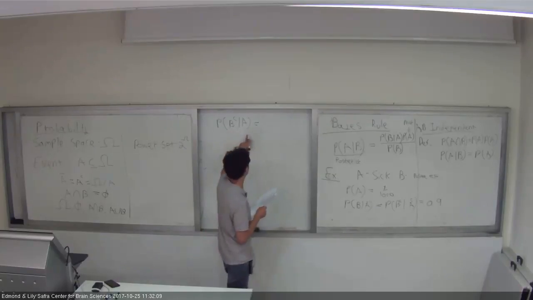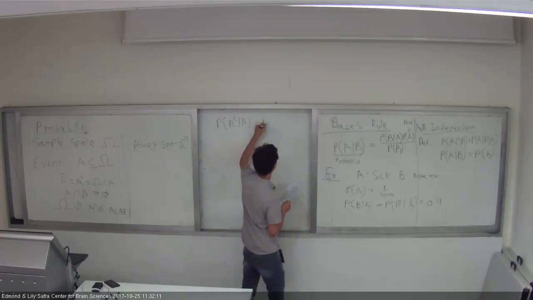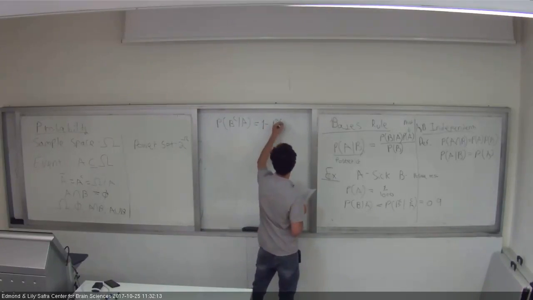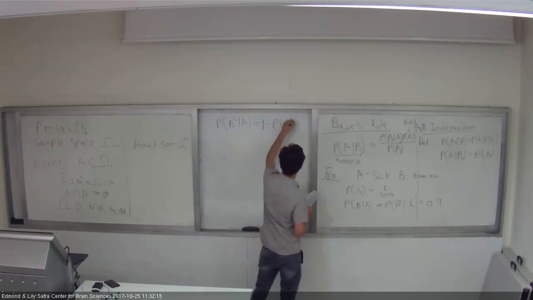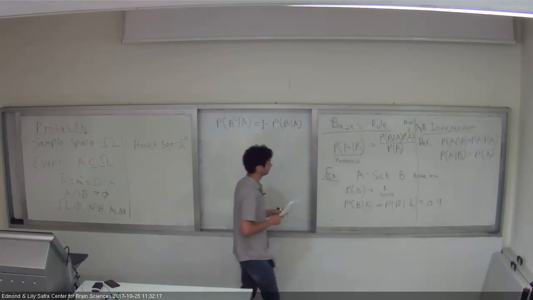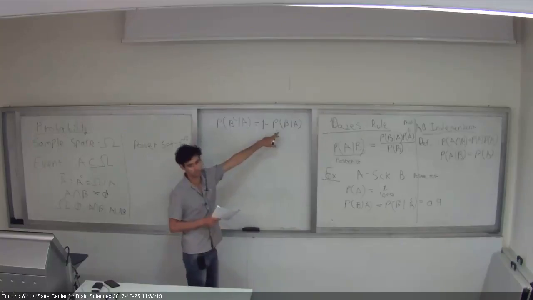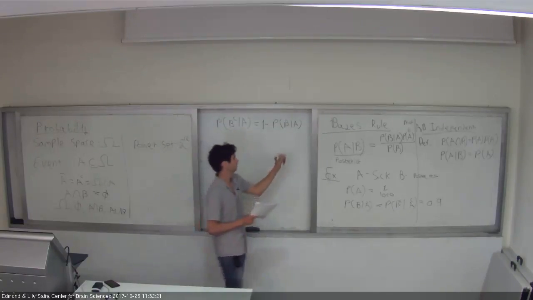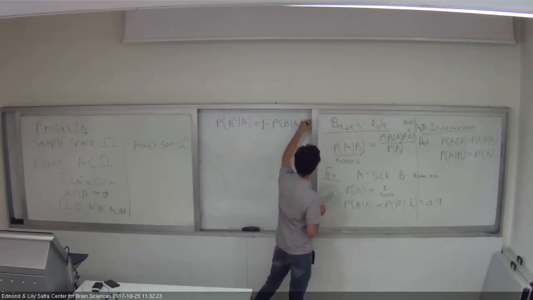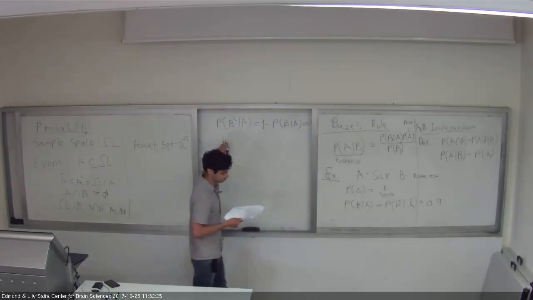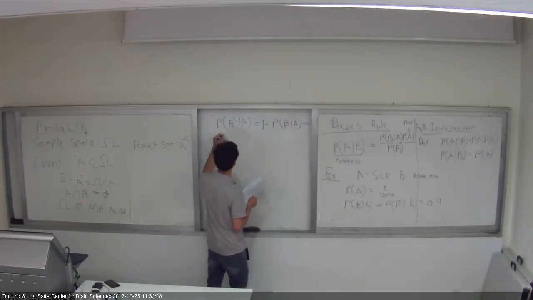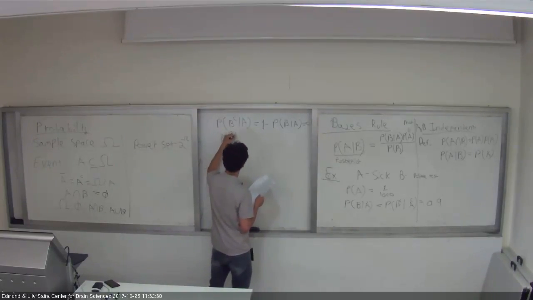We know that this is equal to 1 minus the probability of B given A, and we know that this is equal to 0.9, so this is equal to 0.1. And in the same way, we can get the probability of B given the complement of A.